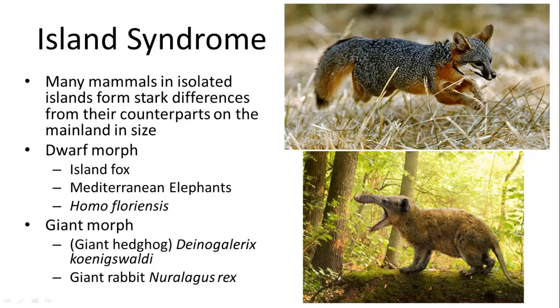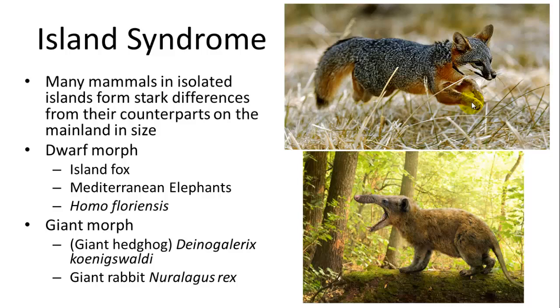So this has happened with island foxes off the coast of California. These are related to the gray foxes, but they're just much smaller, and they eat different things because there's less available on the island. So they're under different selection pressures.